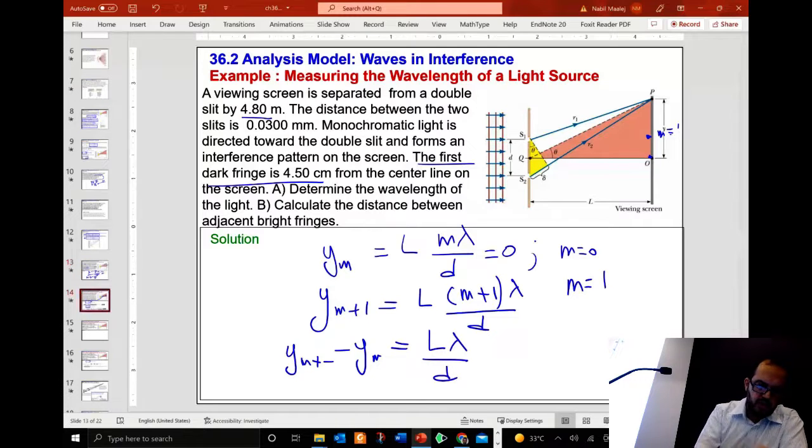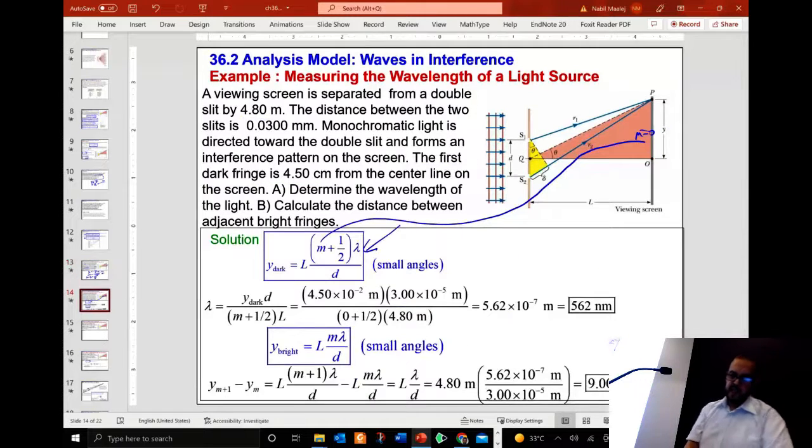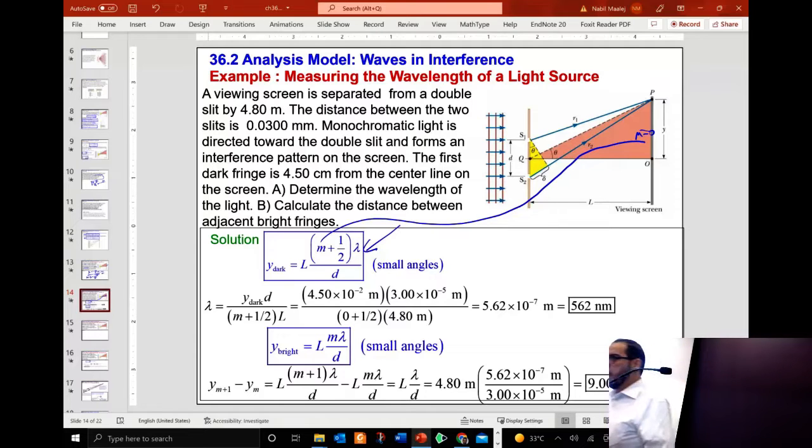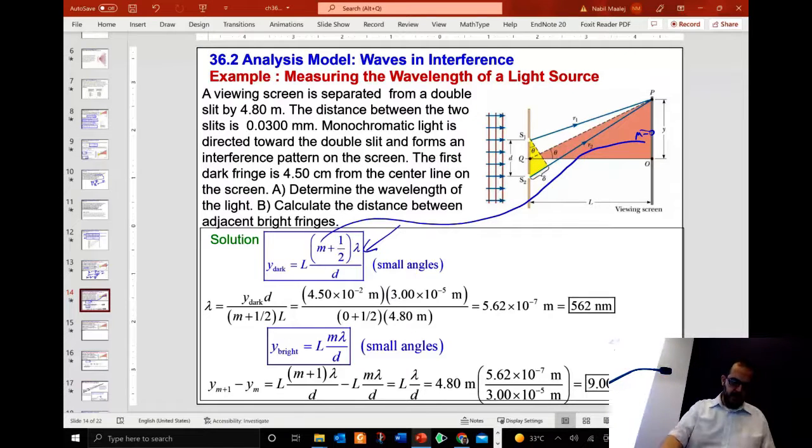When you solve for that, you get the distance between the bright fringes is 9 centimeters. Notice we use the small angle approximation because this distance L is much larger than the separation between the two slits, so we can assume it's a small angle.